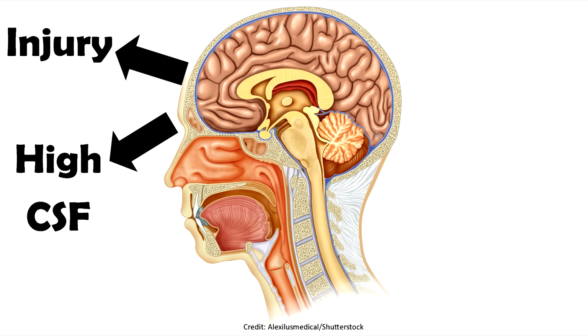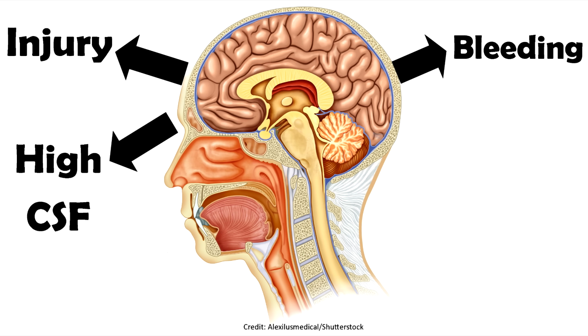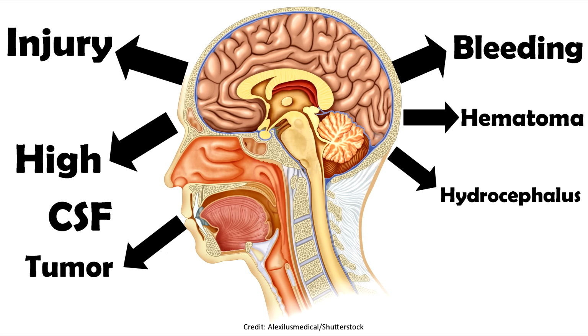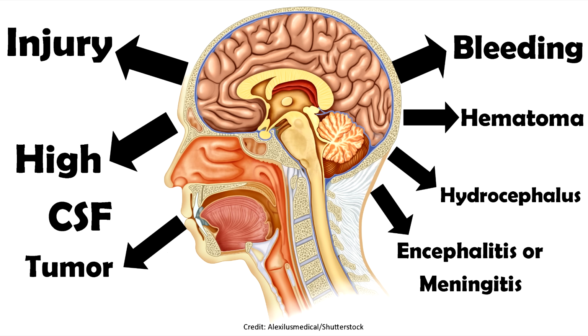Along with bleeding, a hemorrhage of some type can increase pressure, or a hematoma, or a condition called hydrocephalus. A tumor in the brain can exert pressure in there, along with some type of infection like encephalitis or meningitis.